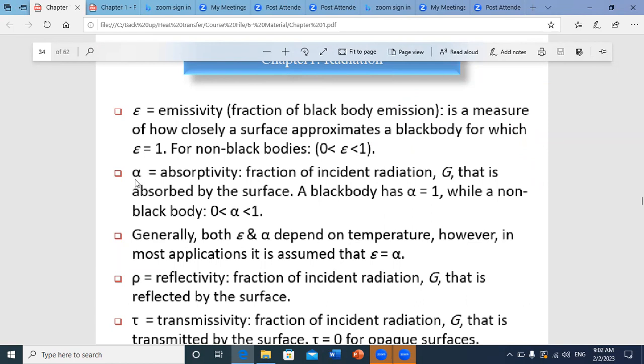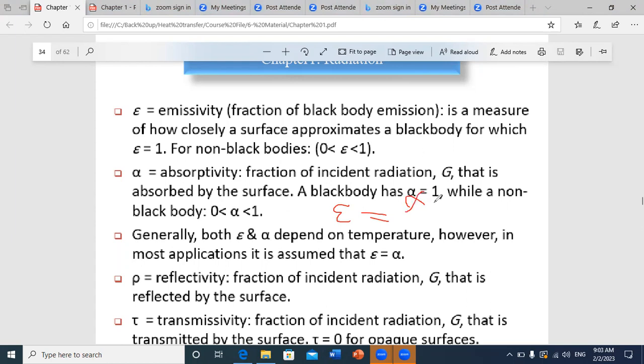Now, concerning alpha, alpha is defined as the absorptivity coefficient, and it represents the fraction of incident radiation that is absorbed by the surface. Now, for a black body, we said that the black body is a perfect absorber and also a perfect emitter. So for a black body, epsilon is equal to alpha is equal to 1.